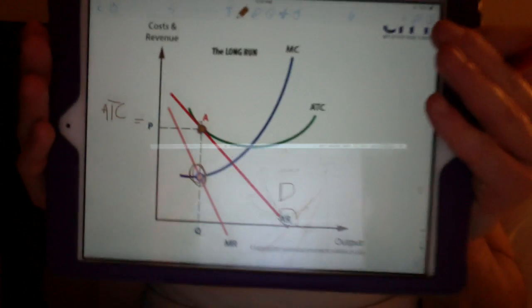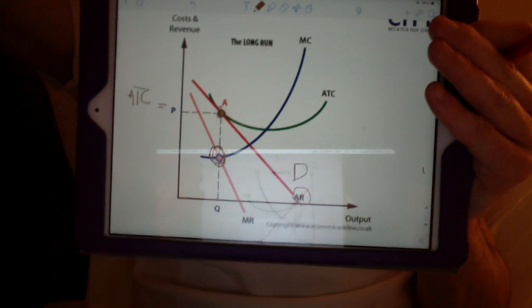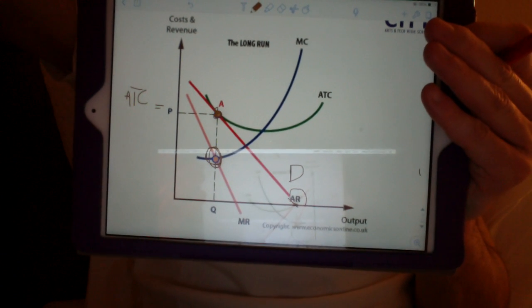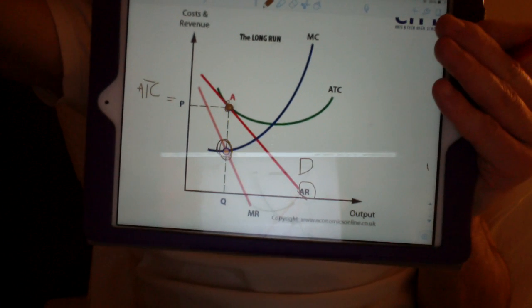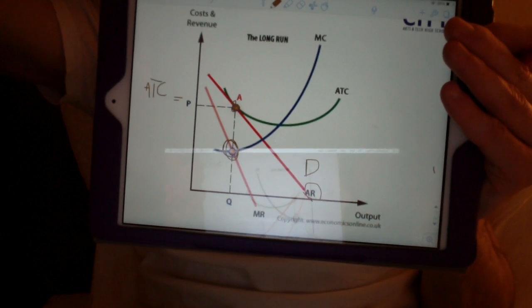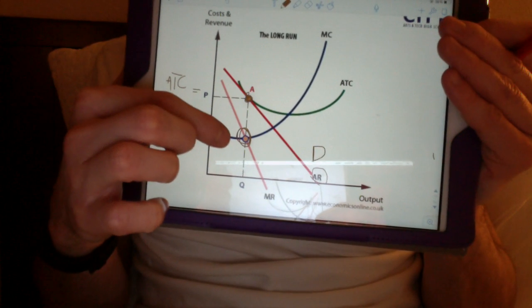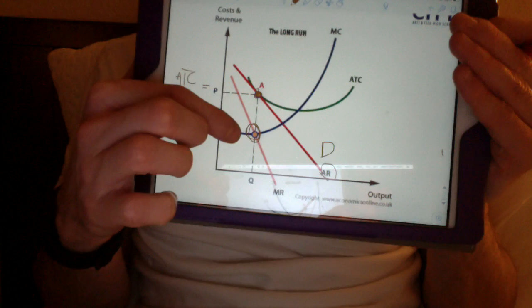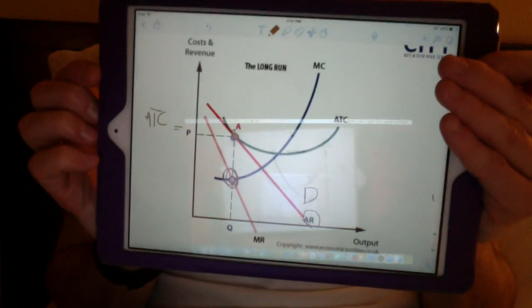So the costs of each good and the revenues for each good are the same. That means that there is zero economic profit. The difference here is marginal revenue and marginal cost are below this. So they're lower, and we'll talk about this later. It's called excess capacity, and we'll talk about what that means.